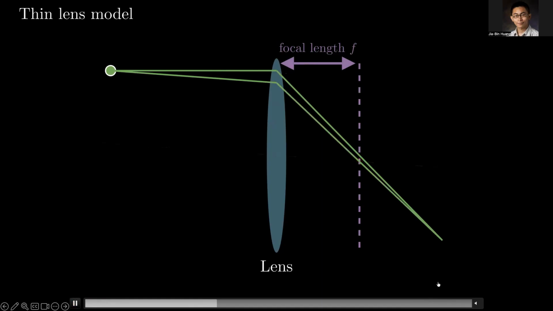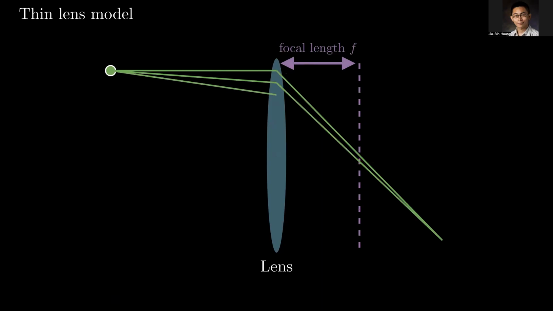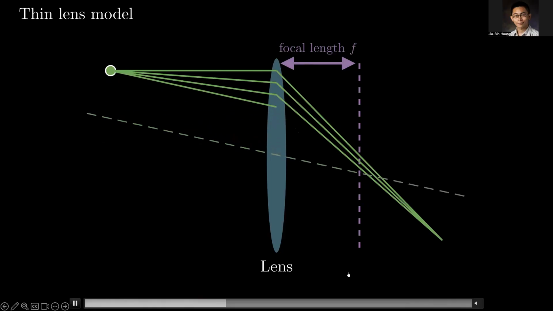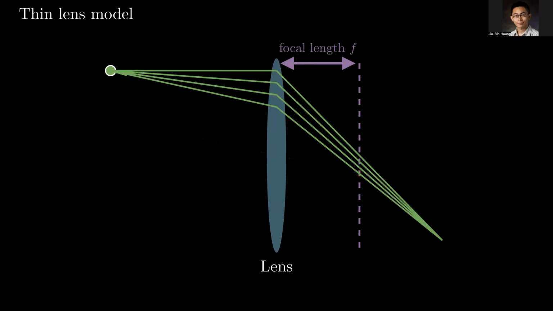Here is another one: you take it, find the parallel ray that passes through the center, and you get this point. This is how you know where each point will converge to. You just follow this process to draw any rays coming from the same single point and see where they converge on the other side.